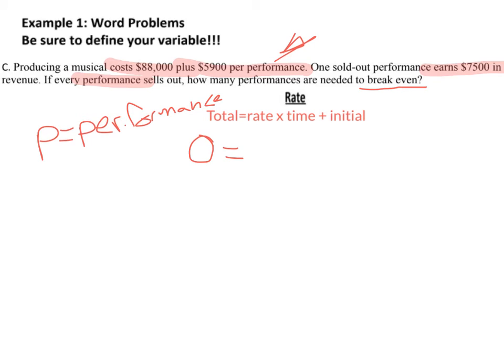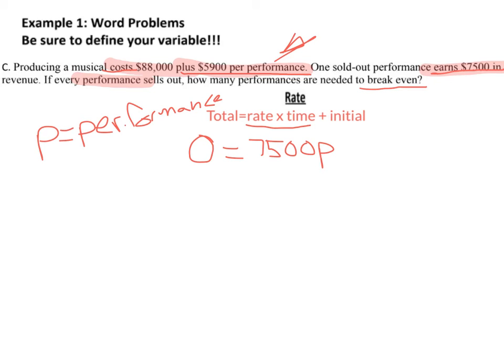Okay, so our rate times time, this is indicated, well, in this case, two different problems. Not only is it going to be the 5,900 per performance, that's a cost, it's also going to be earning 7,500 per performance. So when you go to set this up, the first thing I would look at is say, we got 7,500, that's coming in.